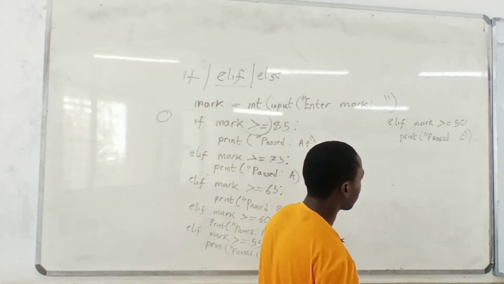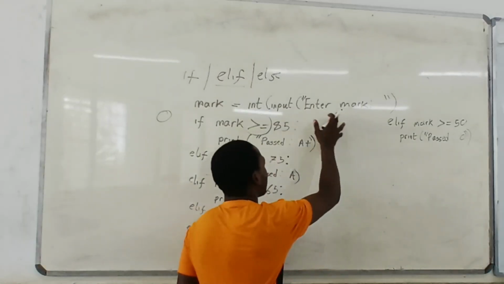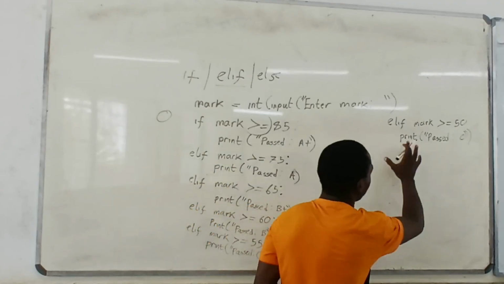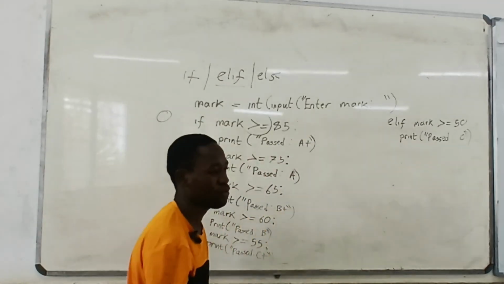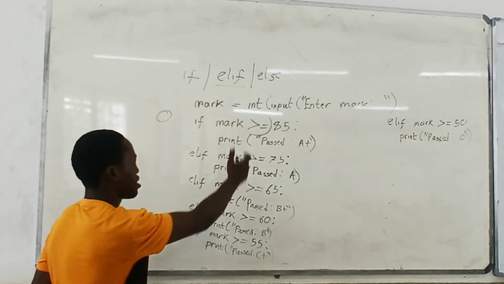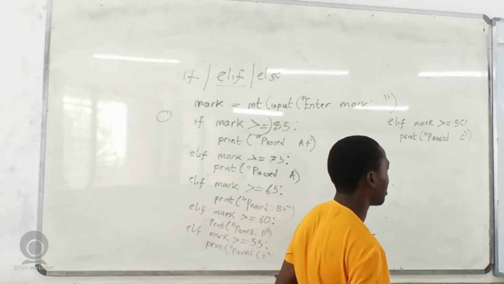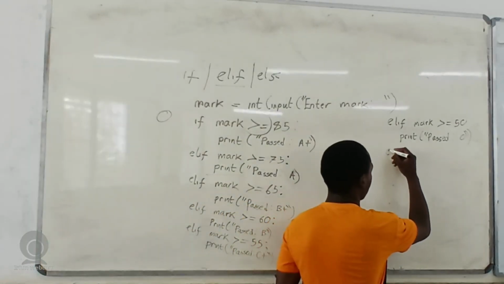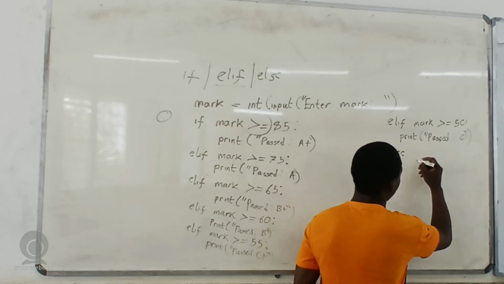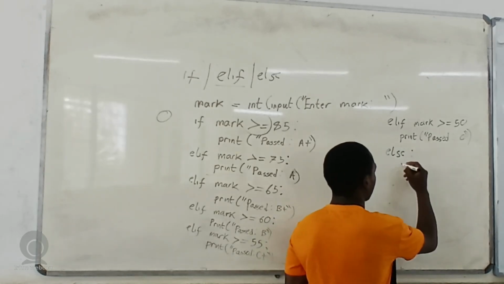But then, let's say it reaches the end and finds there's nothing there. That's when you add an else statement at the end. Say else, and then you print.